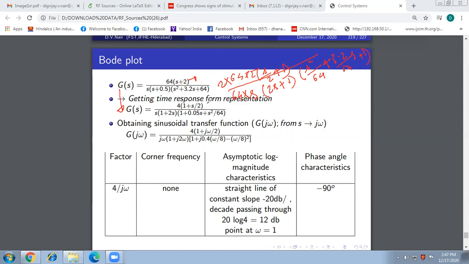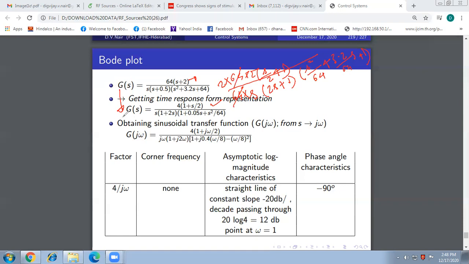So when we see all of this, 64 gets cancelled and 2 into 2 is 4. So in time constant form, this is how the transfer function looks like after completion of step 1. So the open loop gain k in time constant form is now 4 here, right? K is equal to 4, you can see here.